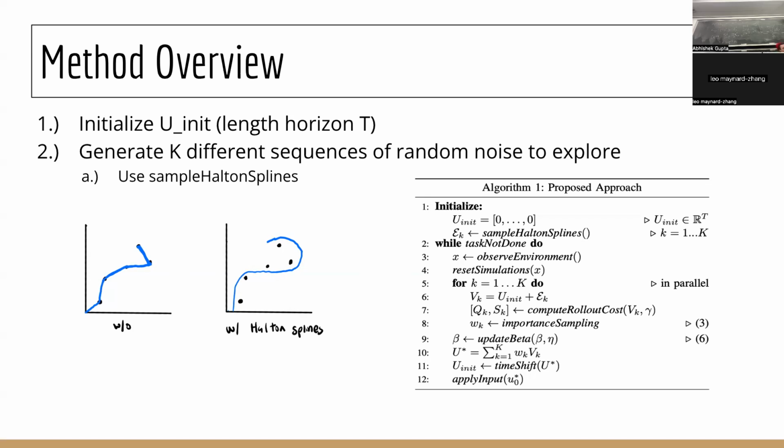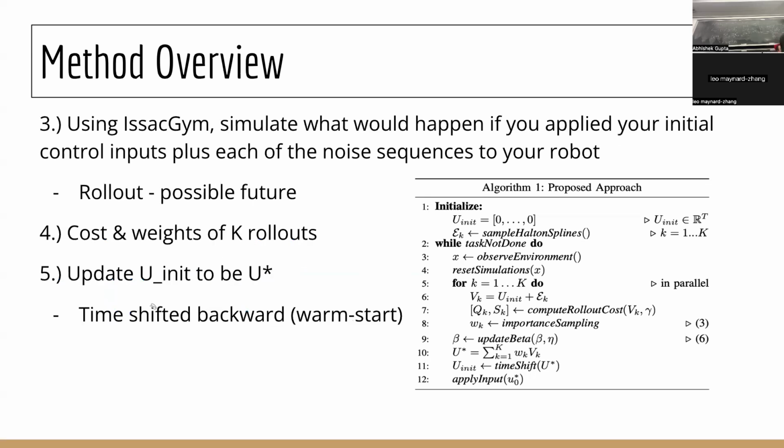So in this ugly graph that I drew, you see that you have the same exact dots, but your trajectories are smoother. Just abstract that away. And then they use Isaac Gym to simulate the K simulations that can give you different possible futures called rollouts.